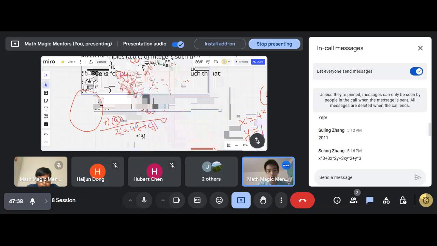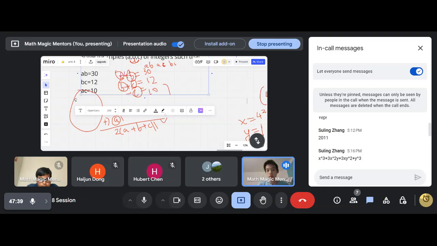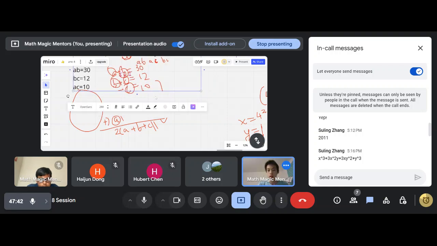let's try to exploit this symmetry by multiplying all three of these equations. It's kind of annoying.